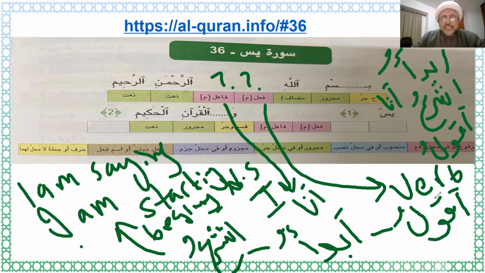I begin with, I say with the name of Allah, the most merciful, the most compassionate. You can say أقرأ, I am reciting the Quran. أقرأ, any verb which fits the context. أقرأ بسم الله الرحمن, I'm reading by the name of Allah, the most merciful, the most compassionate.